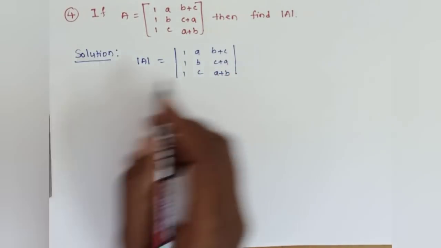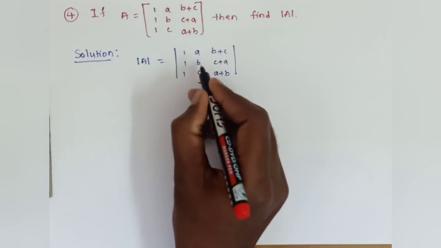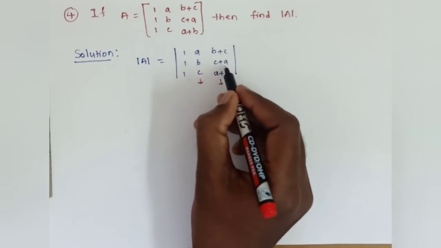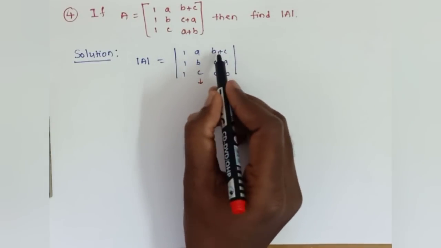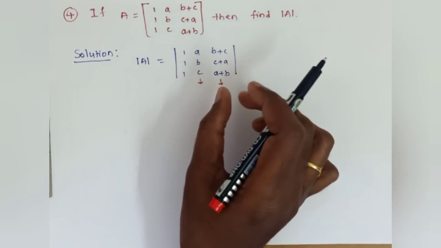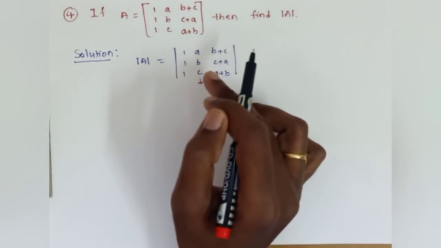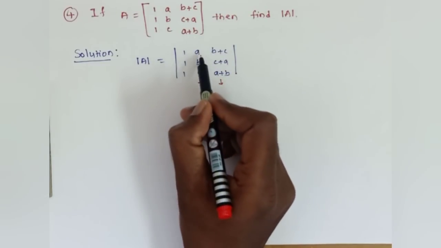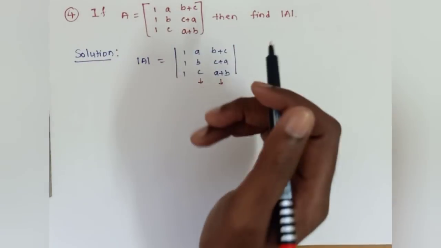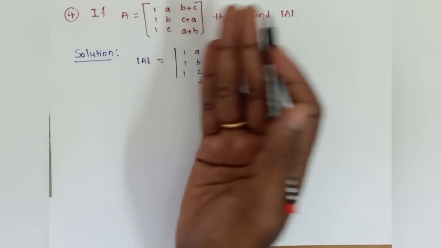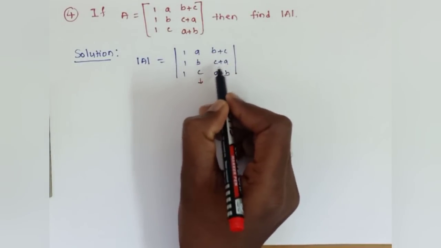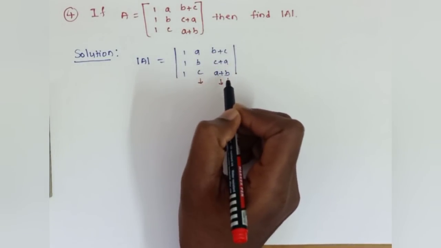Column 2 contains A, B, C, and column 3 contains B plus C, C plus A, and A plus B. If we add this entire column 2 to column 3, then it becomes A plus B plus C, B plus C plus A, C plus A plus B.